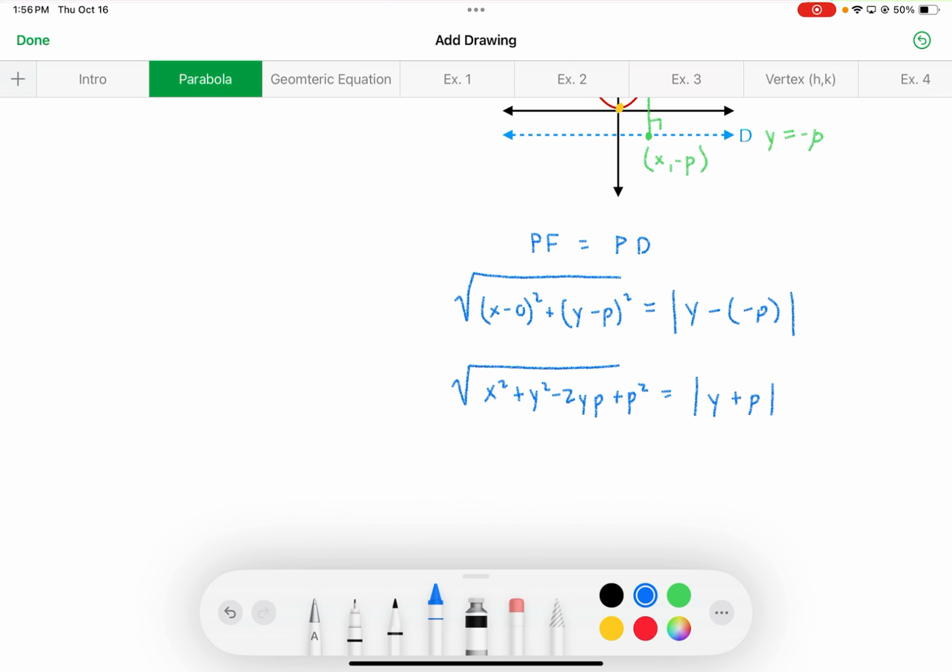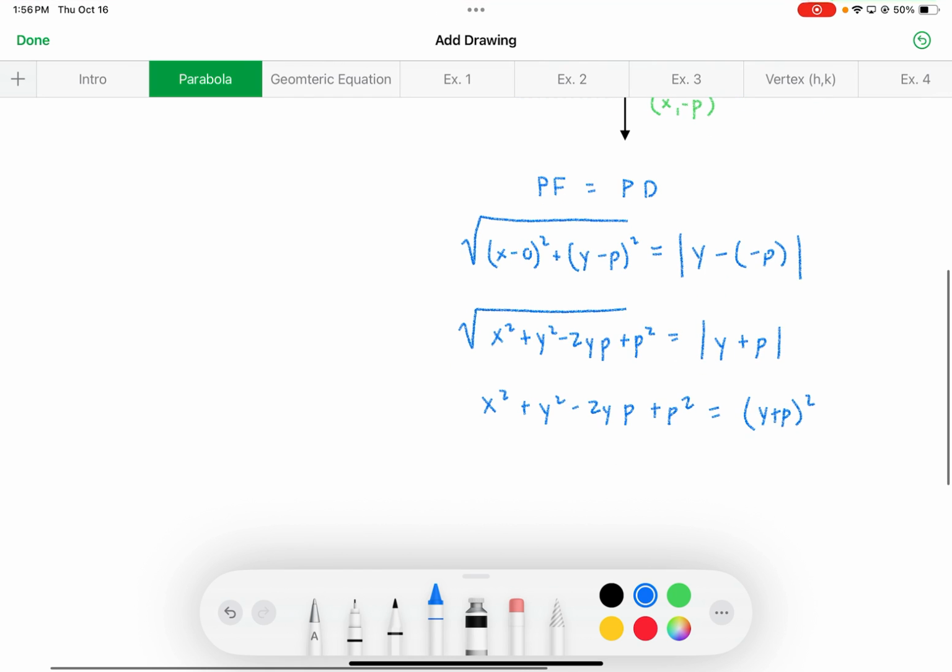Okay, now if I square both sides, the radical clears. And then think over here, is the absolute value important if I'm going to square over there? No. Because squaring a positive or a negative results in a positive, right? So I can effectively ignore the absolute value at this point. Okay, let's expand that right side.